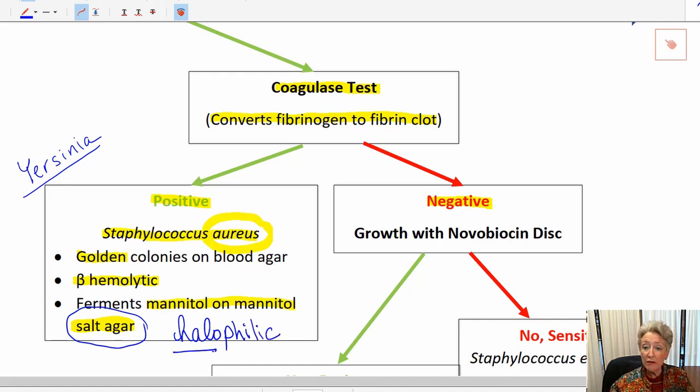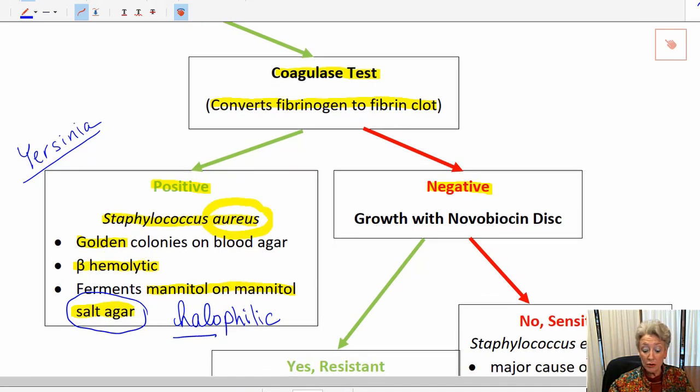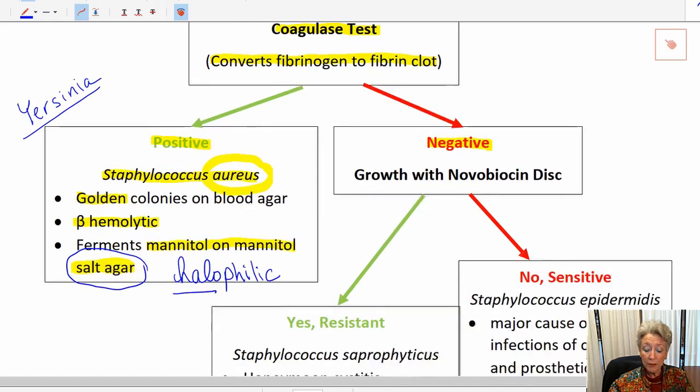In other words, it loves halides or salt. And that's going to factor into a lot of different diagnostic clues that you can look for if they're trying to get you to make a diagnosis of Staph aureus. We'll come back to that in a moment.